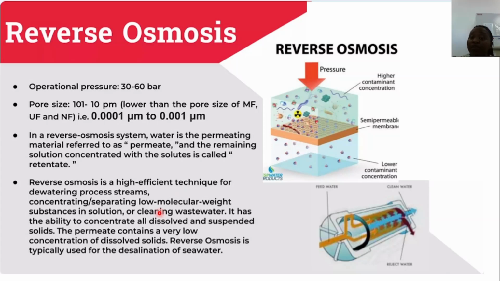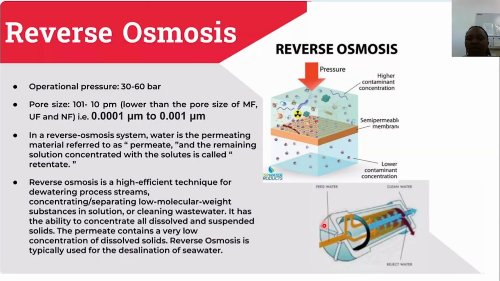You can also clean wastewater to make it free of any substances. It has the ability to concentrate dissolved contaminants and also suspended solids. The permeate contains a very low concentration of dissolved solids, and therefore reverse osmosis is typically used to desalinate even seawater.